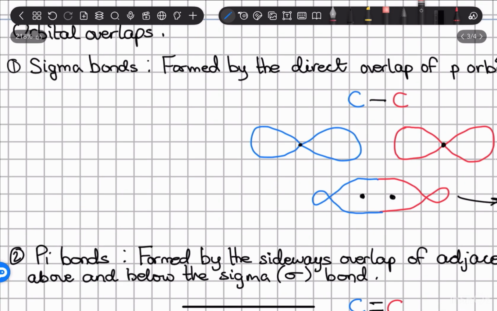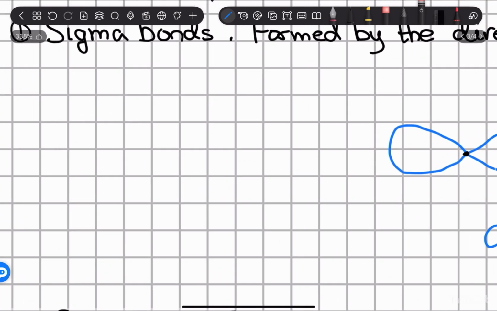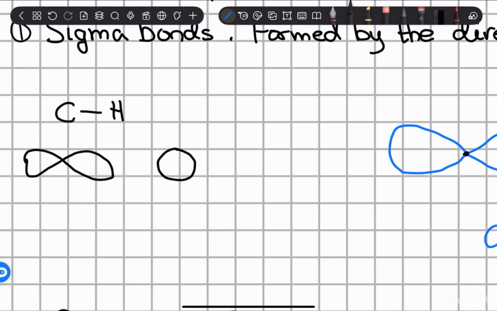Sigma bonds can also be between, let's say, a carbon-hydrogen bond. Hydrogen only has 1 electron, which is in its 1s shell. So the 1s would combine with the p orbital of the carbon atom, and this would give us an sp molecular orbital.